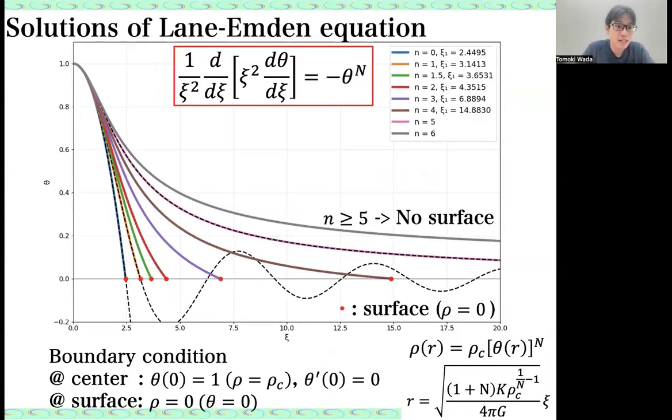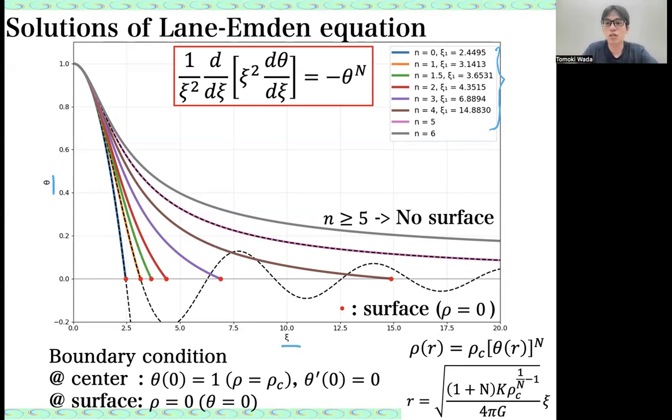This is a numerical solution for the Lane-Emden equation. This axis shows theta, and this axis shows xi. And there are many solutions for different n values. In order to solve a differential equation, we need initial conditions.